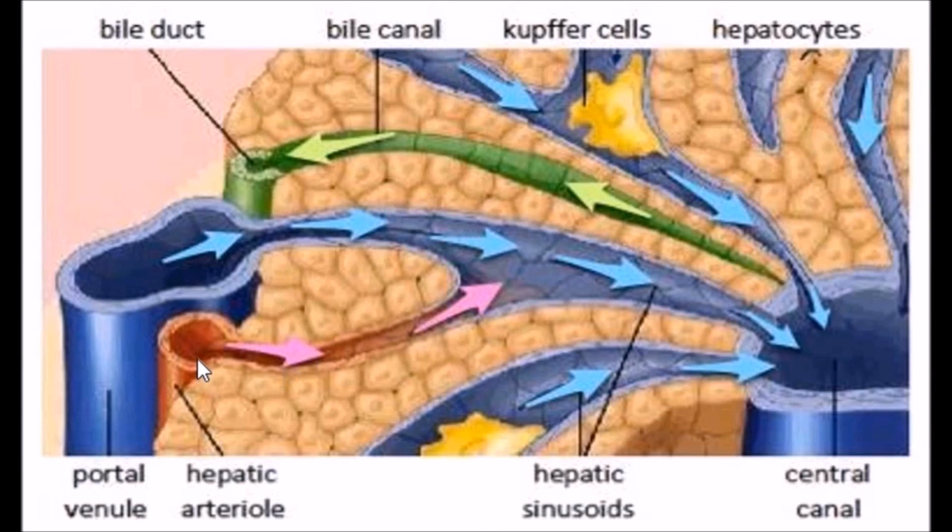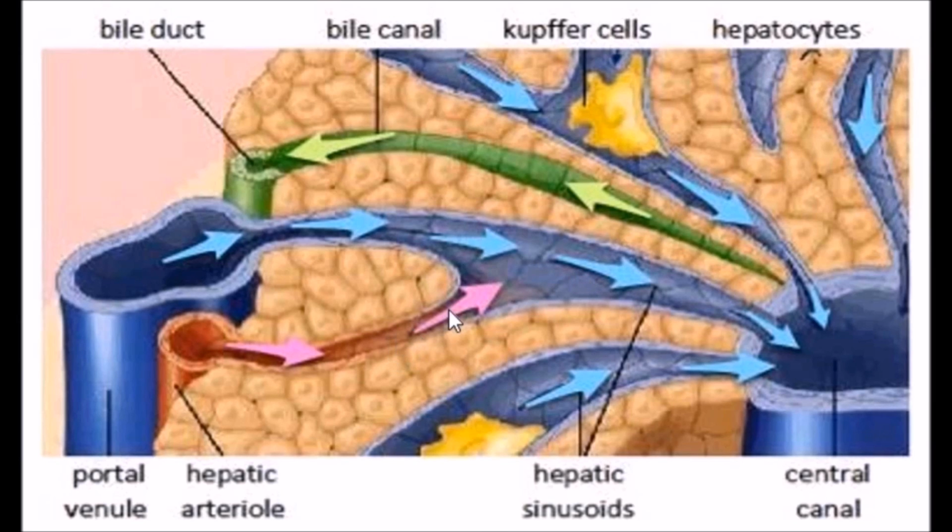And blood from the hepatic artery, that is the hepatic arteriole, because the hepatic artery also divides into small branches called hepatic arterioles, also flows into the sinusoids.